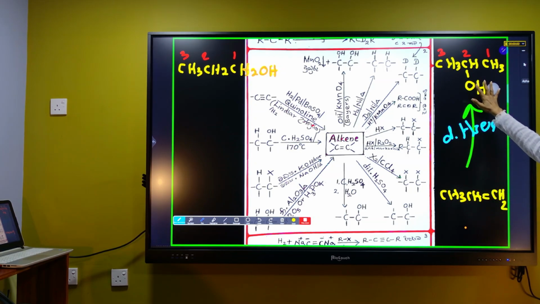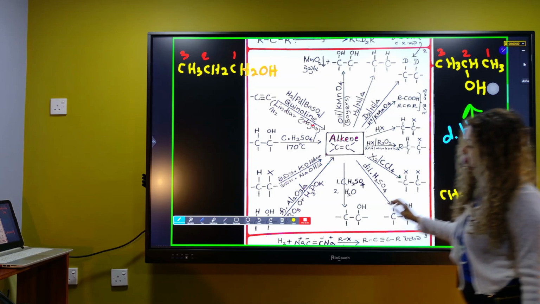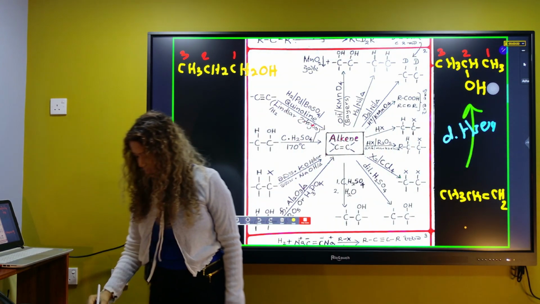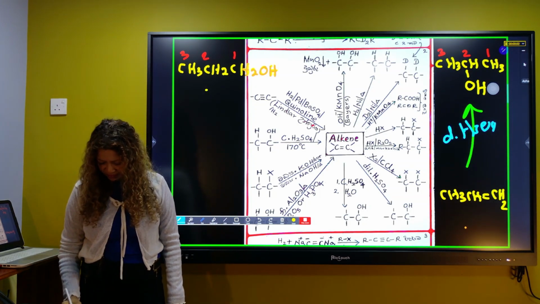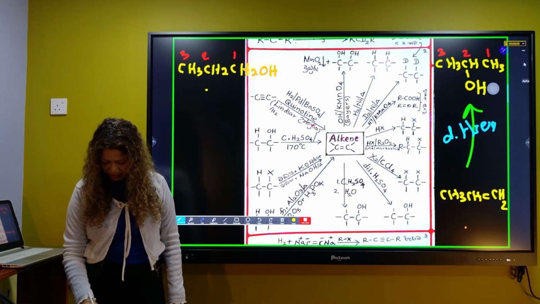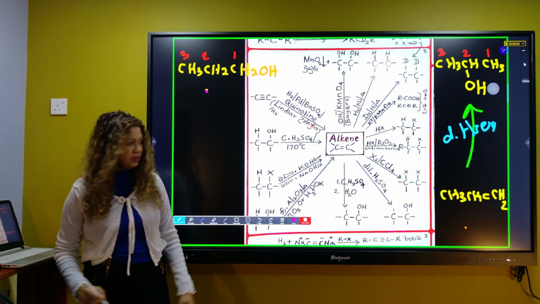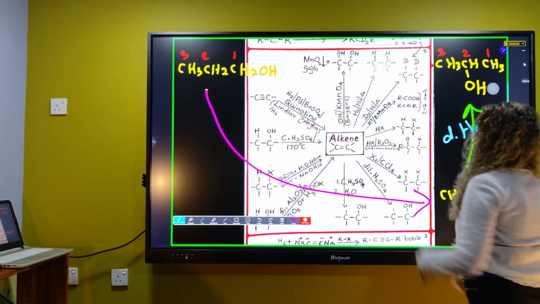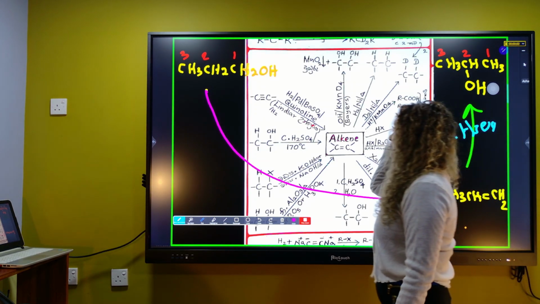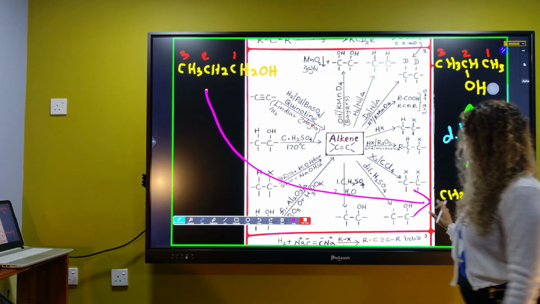All the way from our initial compound to this one: making the double bond, losing this OH, that is the formation of alkene.